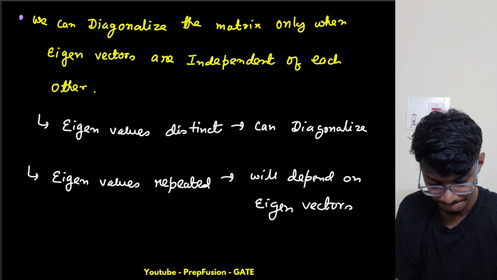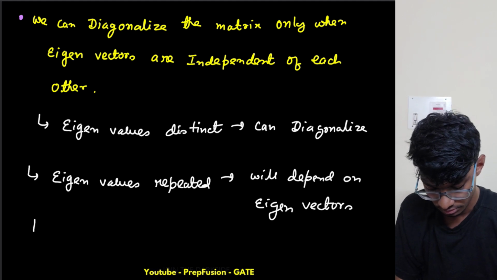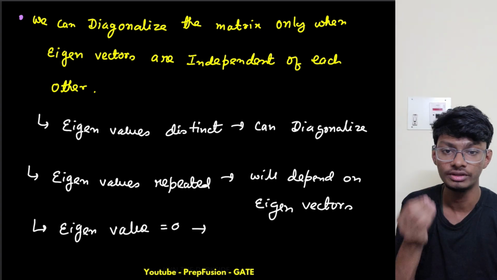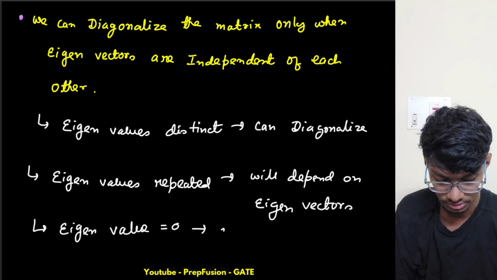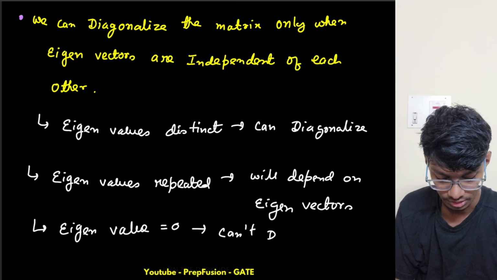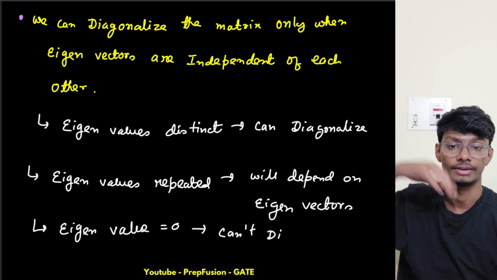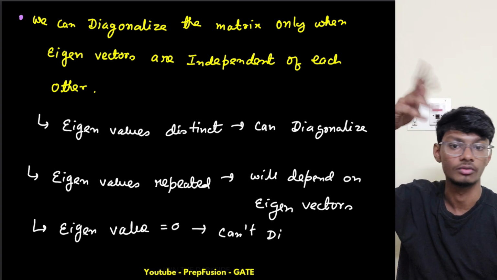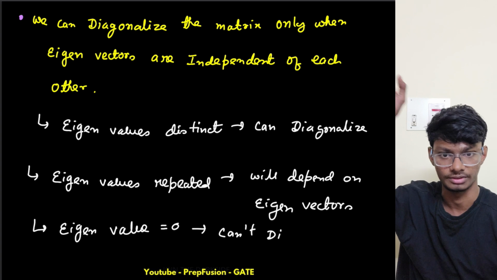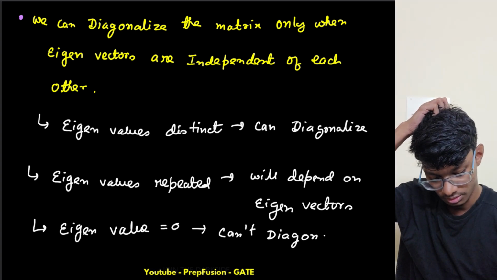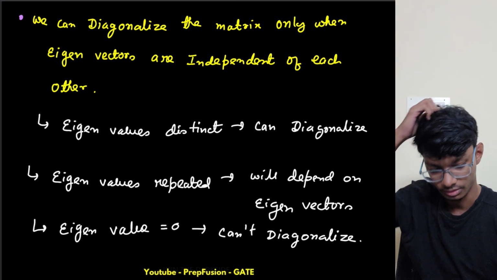And if an eigenvalue is 0, then definitely we can't diagonalize, because the eigenvectors will be dependent on each other. The determinant will be 0, because one of the columns will be dependent on the other columns. So can't diagonalize.